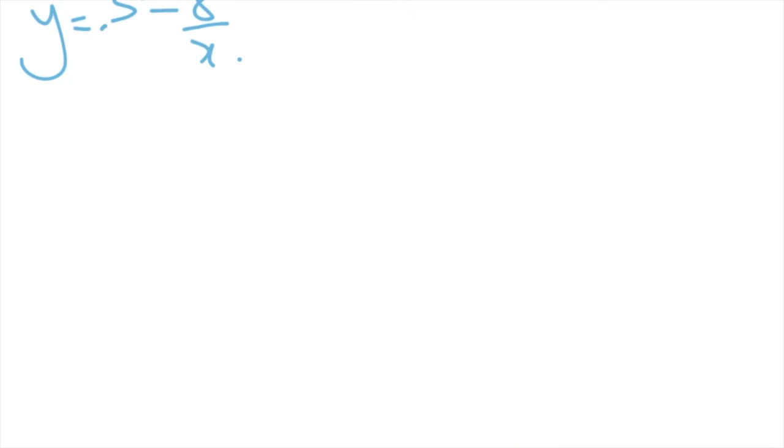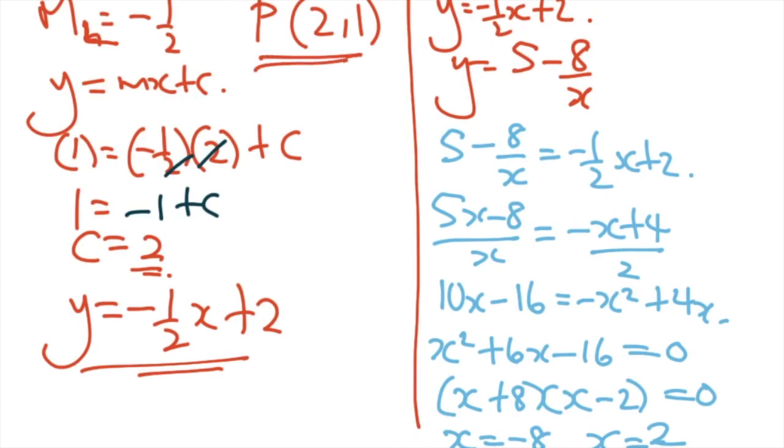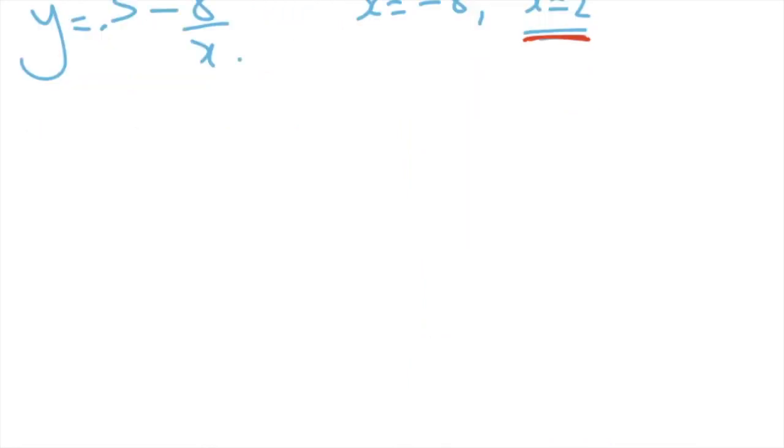We have x equals negative 8 and x equals positive 2. We don't have to take x equals positive 2 because that is your first point, P equals (2, 1), so it has already met at this point. So where is the other point when the line cuts the curve? The other point is when x equals negative 8.